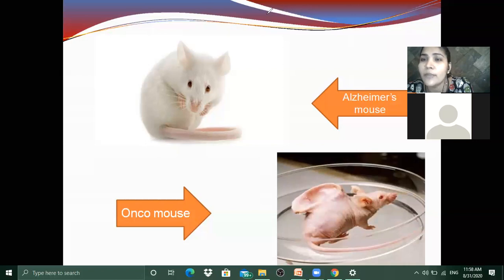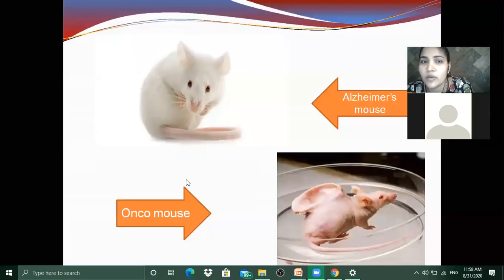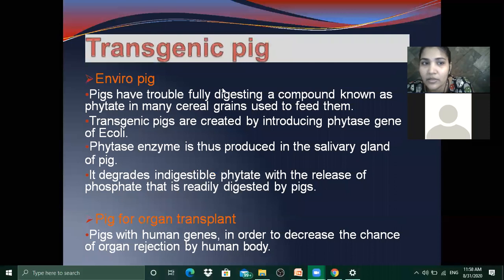So these are just examples of a few mouse models that people have created. One is the onco mouse, one is the Alzheimer's mouse. Then transgenic pigs are also there: one is the enviro pig, and another is the pig for organ transplant. Pigs have trouble fully digesting a compound known as phytate in many cereal grains used to feed them.